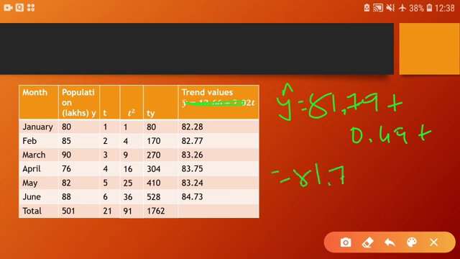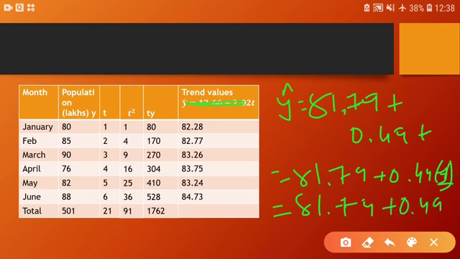So it's 81.79 plus 0.49 into, let's take t as 1. It's 81.79 plus 0.49, so it's 82.28.